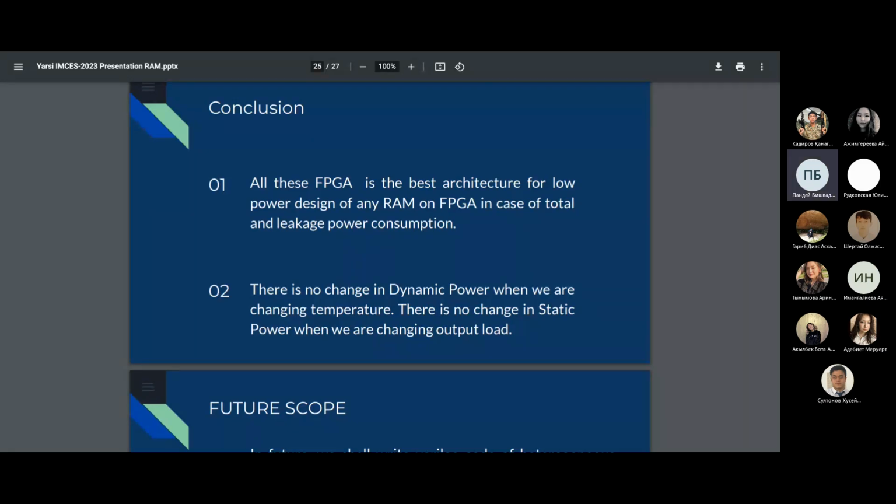Conclusion. All these FPGAs are the best architecture for low power design of any RAM on FPGA in case of total and leakage power consumption.